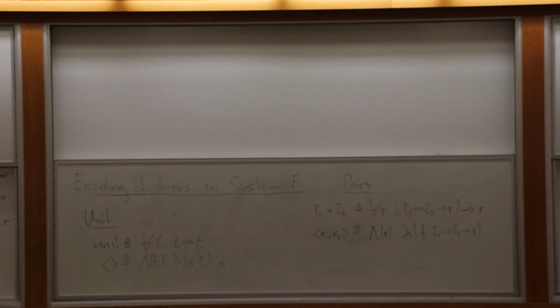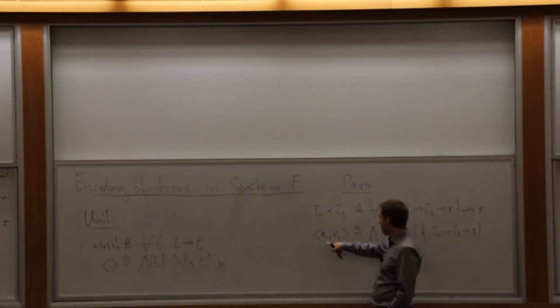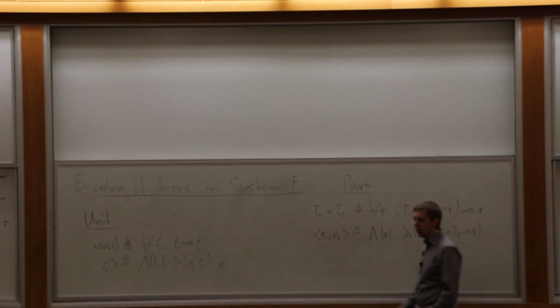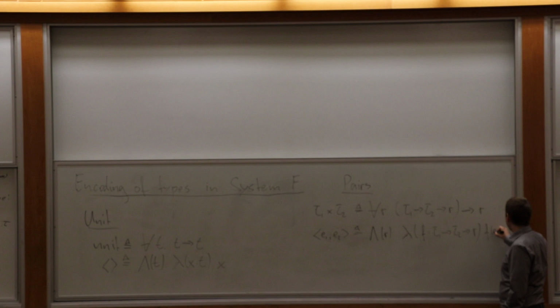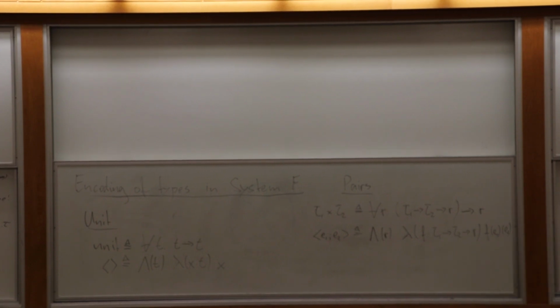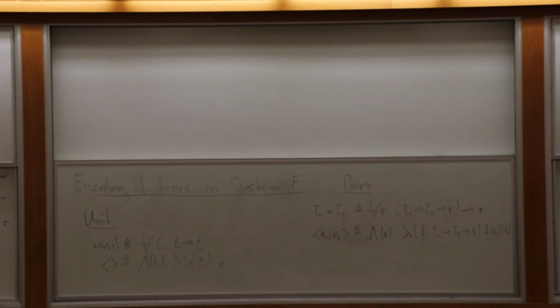I want to have a pair of E1 and E2, which should be the pair tau 1 cross tau 2. So E1 should have type tau 1, E2 should have type tau 2. I have those around, so I put them in here. E1 goes first, E2 goes second. That's it. And conveniently, that's also a value, so nothing further goes on there.